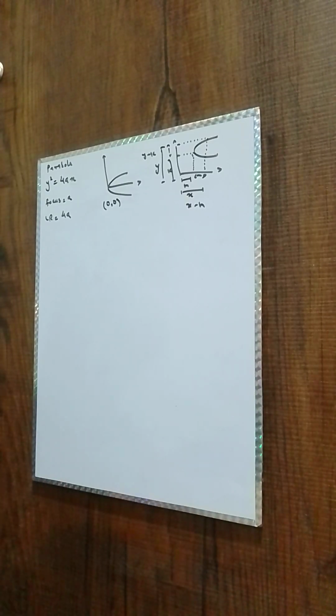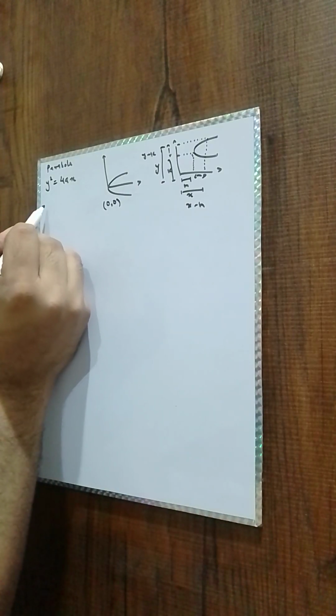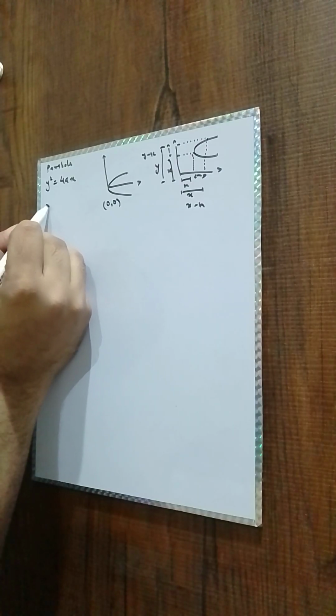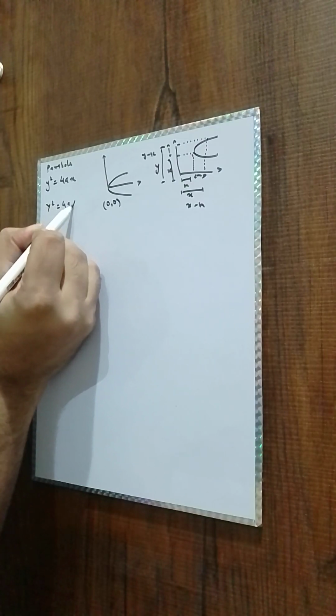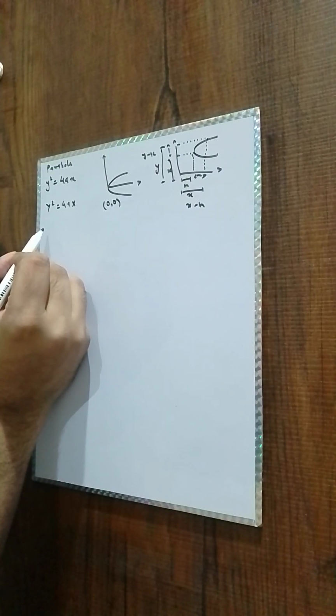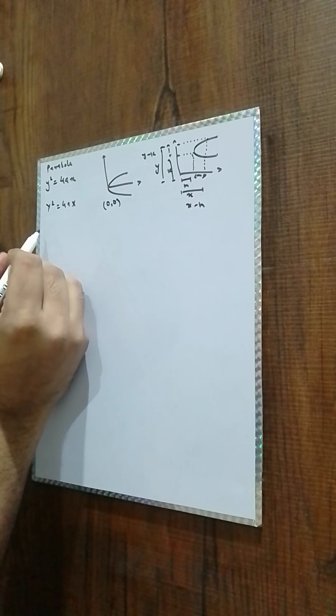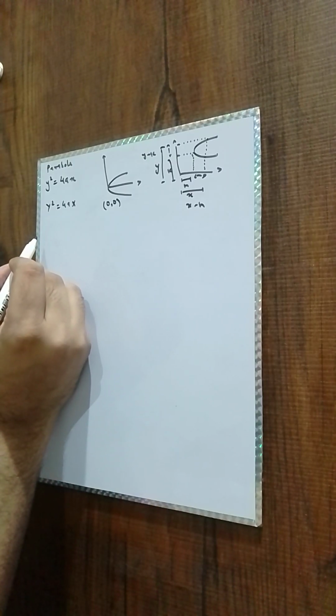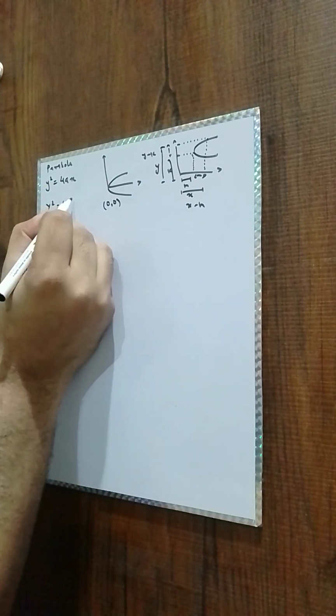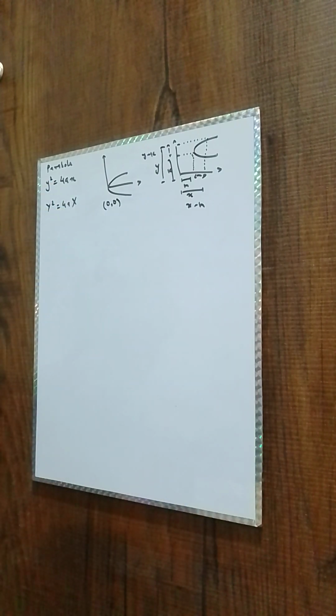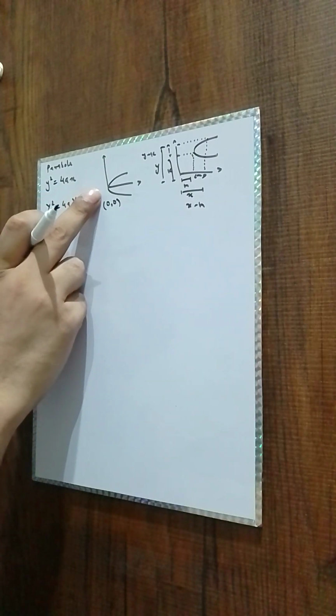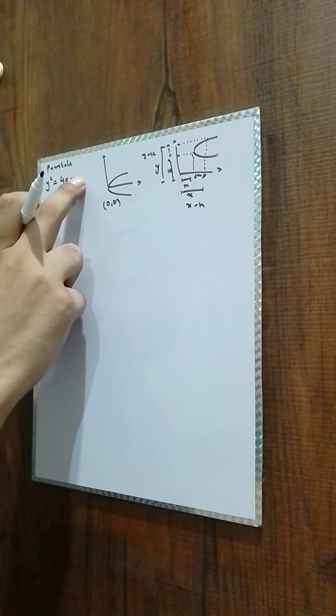But what we are looking at is not this, but the general form. So you see, let's say we have this general form, capital Y square is equal to 4ax. If the parabola has its focus on the origin, then this is the form, first one.